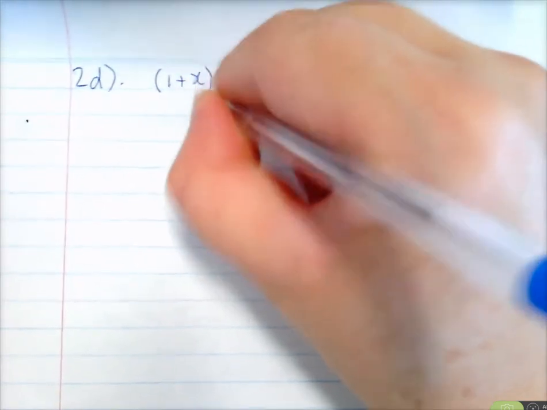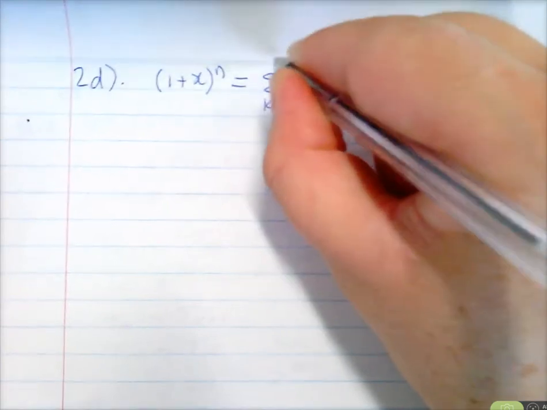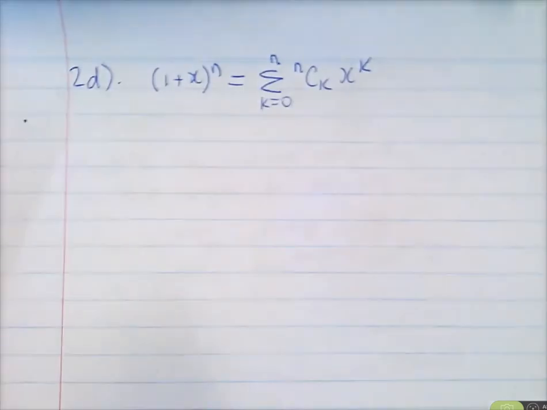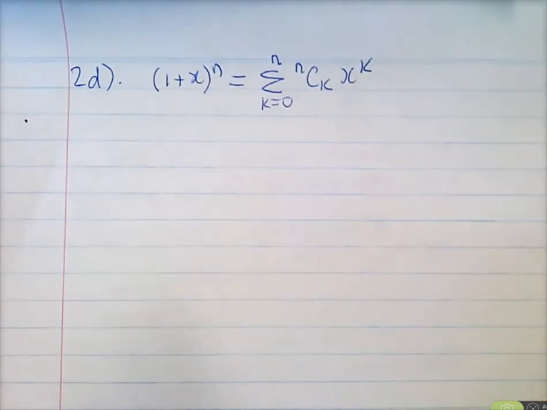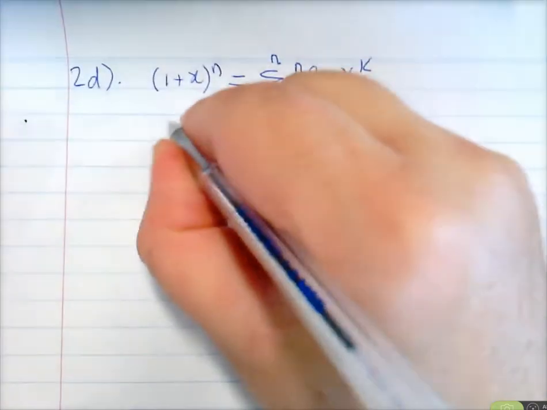So, we've got 1 plus x to the power of n equals sum from k equals 0 to n of nCk x to the k. It asks us to integrate both sides of that identity to prove a certain result. Before you integrate both sides, you can expand it first. Once you get used to seeing what the result's going to be, you may not expand it, but at the moment we need to.